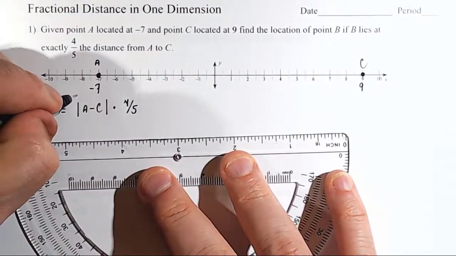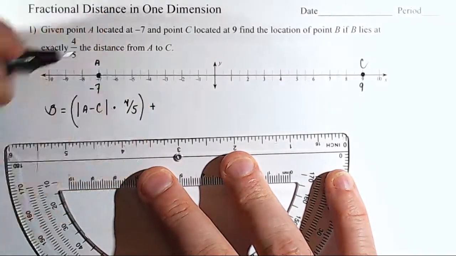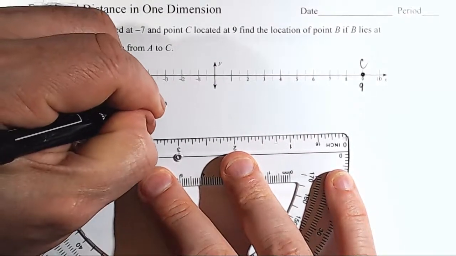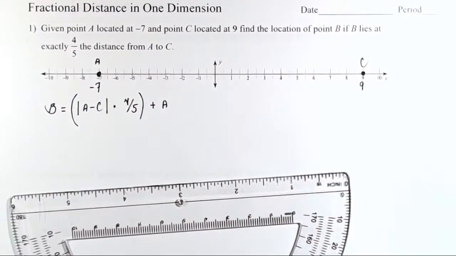And then you would take that product and add it back to point A. Right? So as we go through this process, this little algorithm here will become more clear.